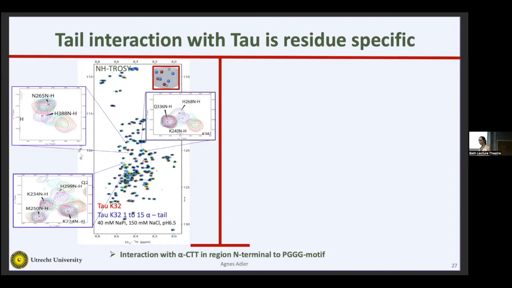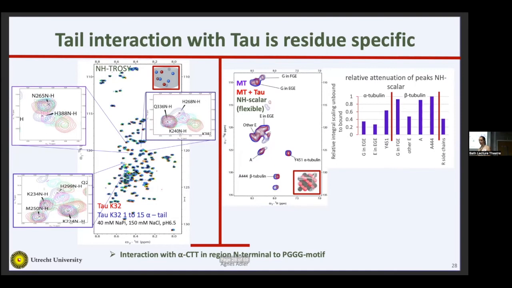So we assume that the tails are binding to that. And by doing solid state NMR, looking at the other side, at what the microtubules are doing, we see a decrease in signal intensity, especially in the alpha tubulin tail.